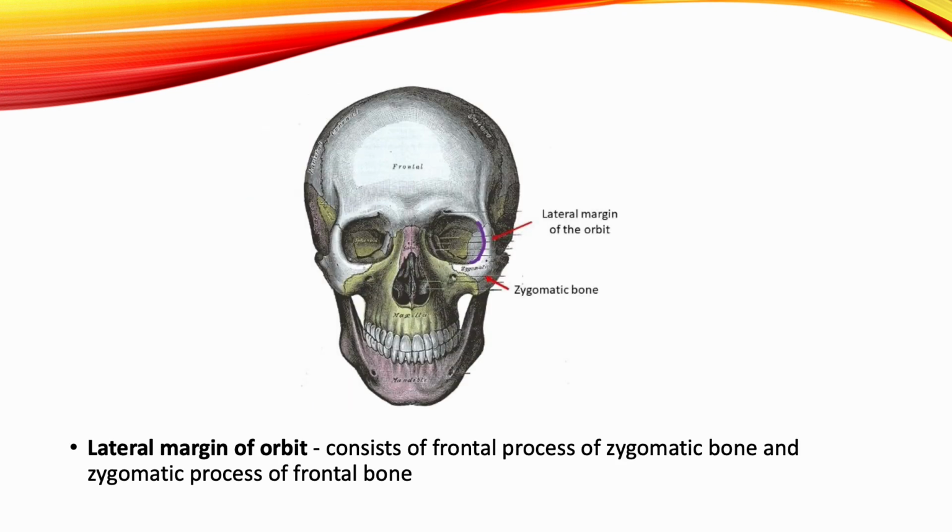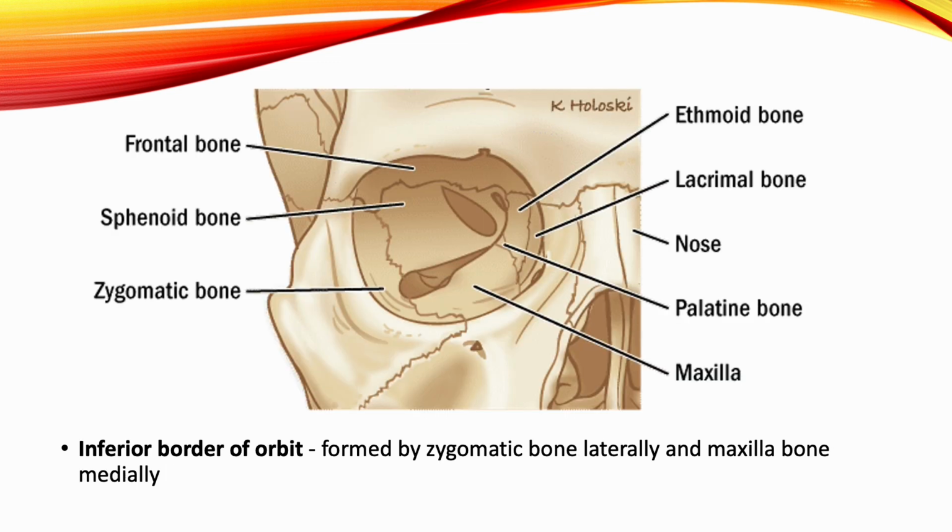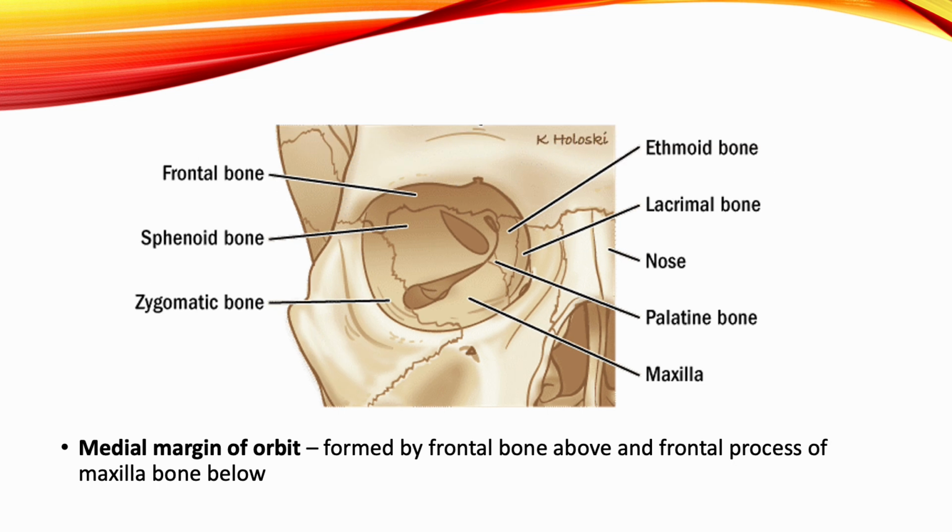The lateral margin of the orbit consists of the frontal process of the zygomatic bone and the zygomatic process of the frontal bone. The inferior border of the orbit is formed by the zygomatic bone laterally and the maxilla bone medially. The frontal bone above and the frontal process of the maxilla bone below form the medial margin.